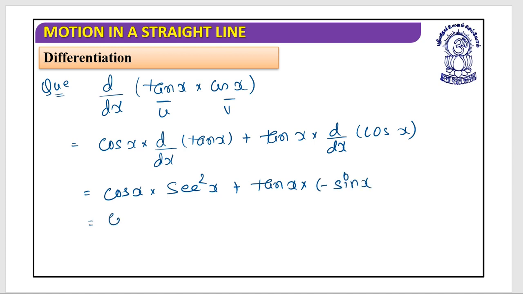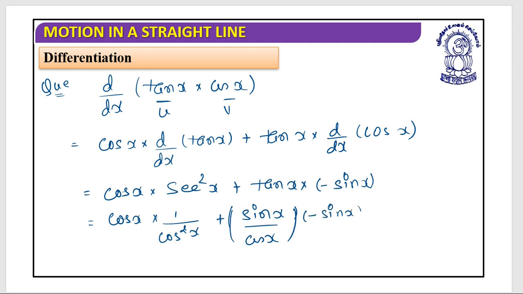So this is cos x into 1 by sec square x, that means 1 by cos square x, plus tan x, which means sin x by cos x, into minus of sin x. So here it is a cos x, here it is a 1 by cos square x, so that remains 1 by cos x, plus sin x by cos x into minus sin x. This is minus of sin square x divided by cos x.